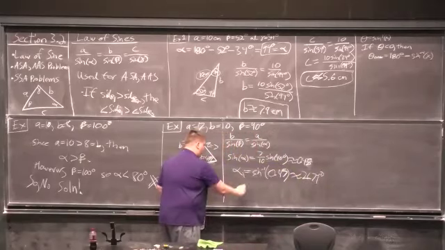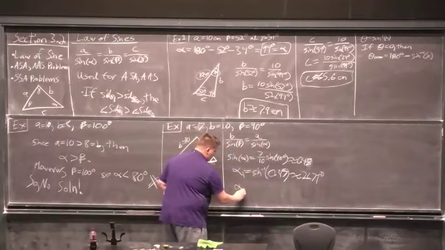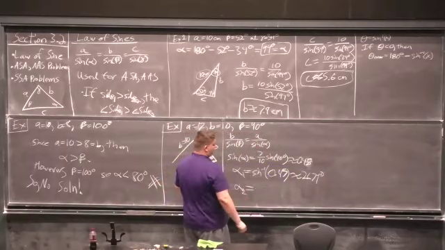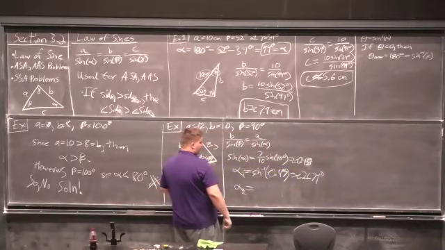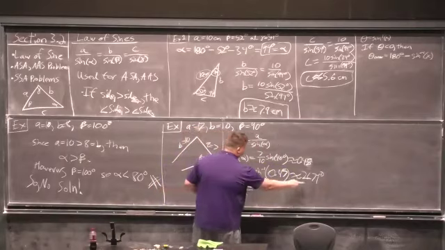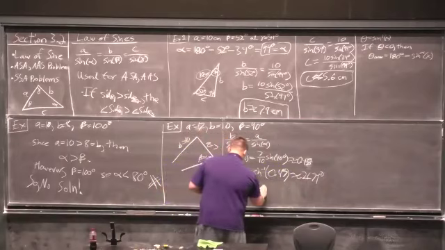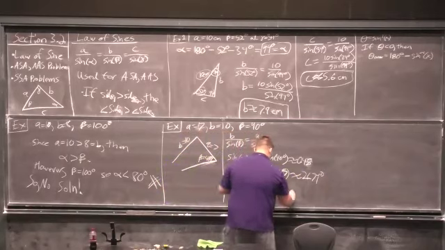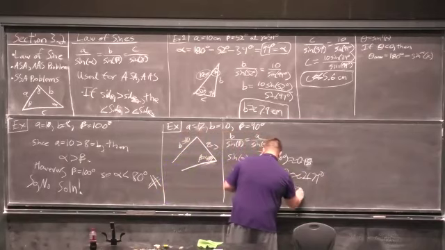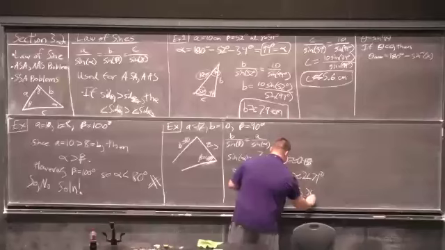Now that's alpha 1. Alpha 2 is equal to 180 degrees minus alpha 1, which is 153.26 degrees.